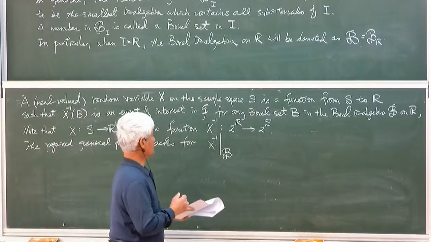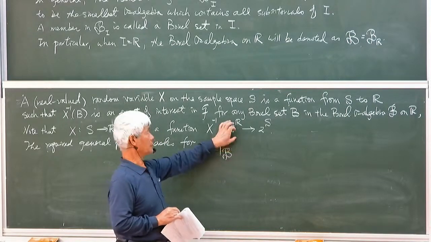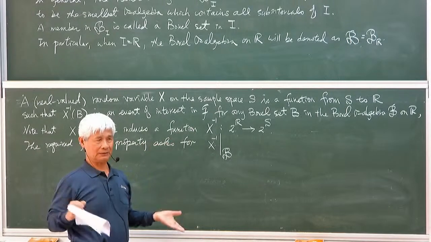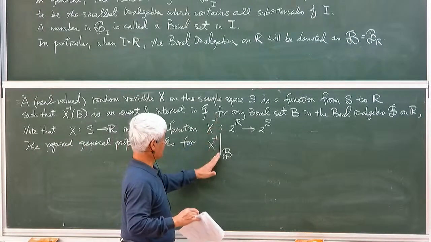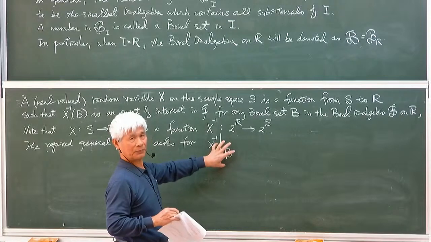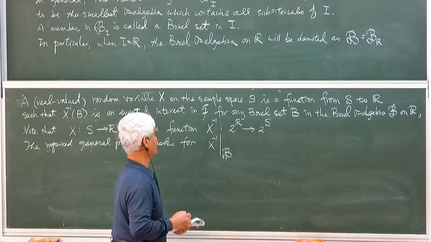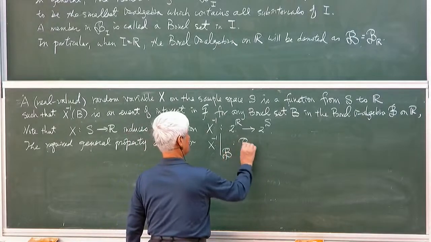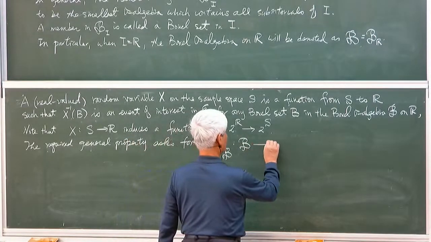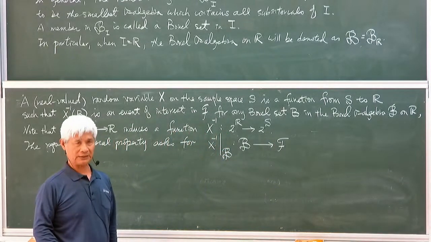The power set of the real line, of course, is a sigma algebra, but it's very, very big. Borel sigma algebra is much smaller than the power set. So we restrict the domain, then the codomain should be F. We ask for that.